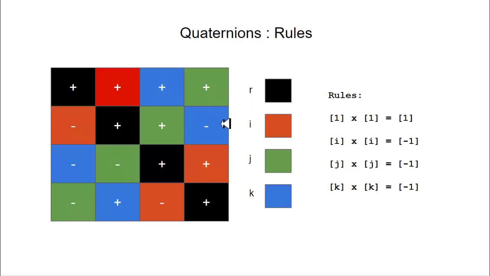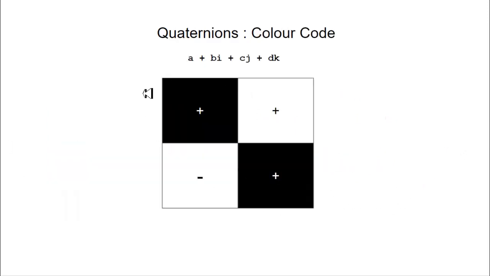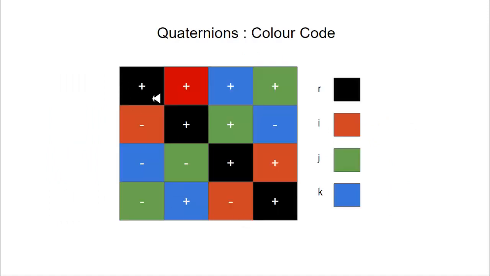If you put plus 1, minus 1, minus 1, plus 1 into a matrix, and multiply it by another identical matrix, you're going to get minus 1s on the forward diagonal. So I times I is negative 1, J times J is negative 1, and K times K is negative 1. These are all behaving as if they are the 2 by 2 matrix imaginary numbers, in that they put negatives on the forward diagonal when you square them.